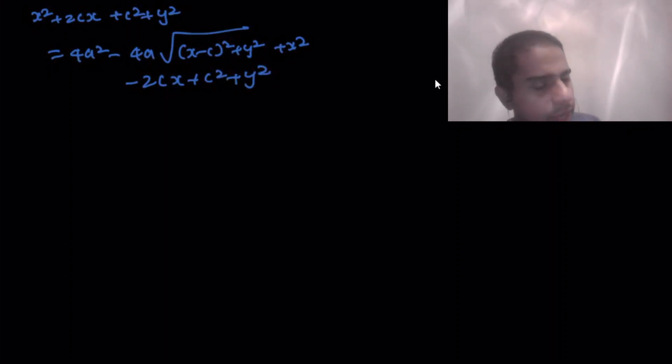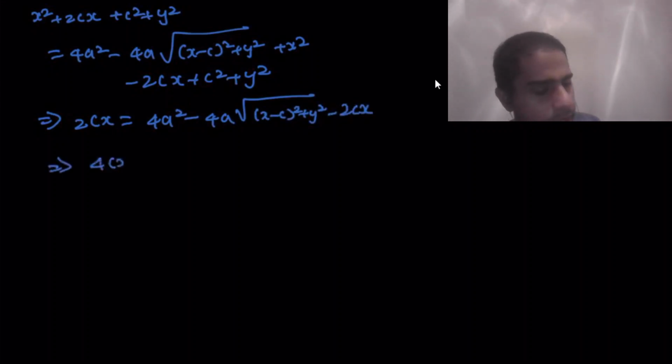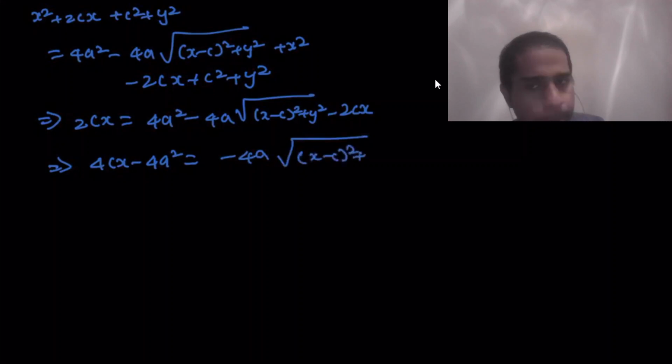By rearranging, we get 4cx minus 4a square equal to minus 4a times the square root of x minus c the whole square plus y square. Now dividing both sides by 4 and taking squares on both sides.